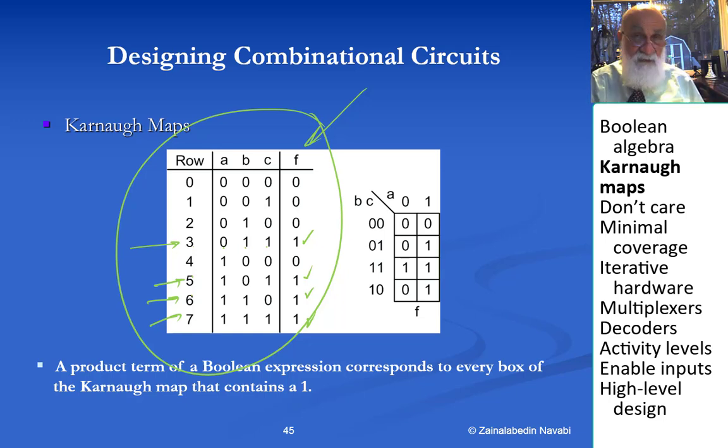A two-dimensional table where A, B, and C are the variables of the table, and where I will be very careful in positioning the entries in the table such that two physically adjacent boxes will have Boolean correspondence that are also Boolean adjacent.